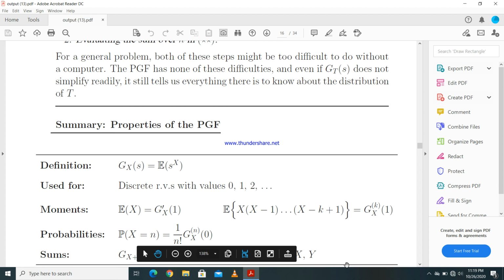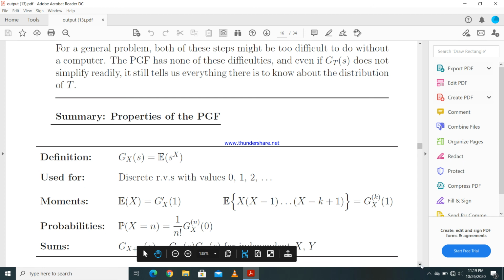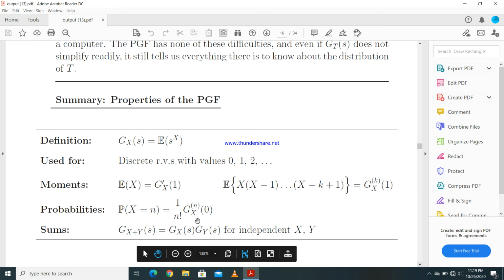And then we can find the probabilities using the probability generating function. If you want to find the probability of X equal to n, you differentiate the probability generating function n times, substitute 0, and divide by factorial n.